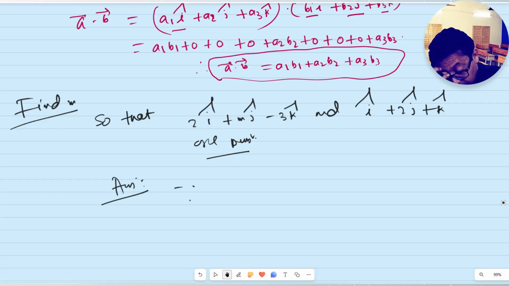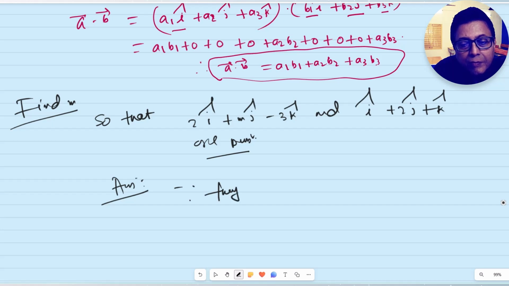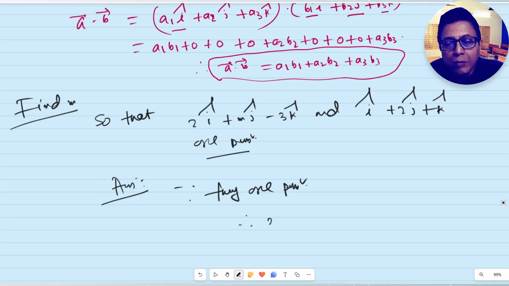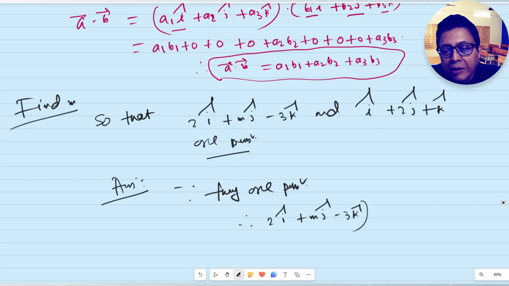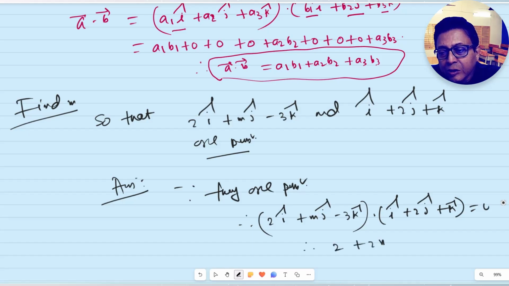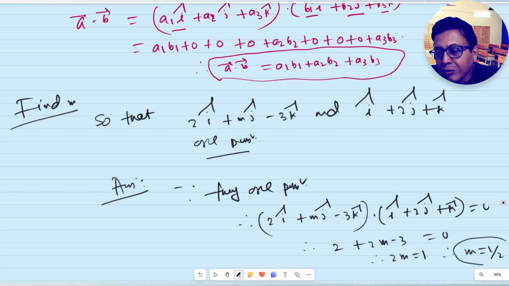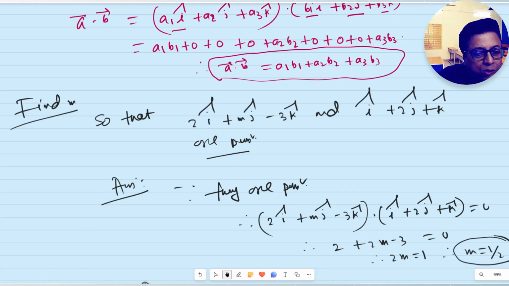Since the vectors are perpendicular, therefore 2i plus mj minus 3k dot i plus 2j plus k has to be 0. Therefore, 2 plus 2m minus 3 should be 0, 2m equals 1. So, m equal to 1 by 2. One very simple application. Okay.